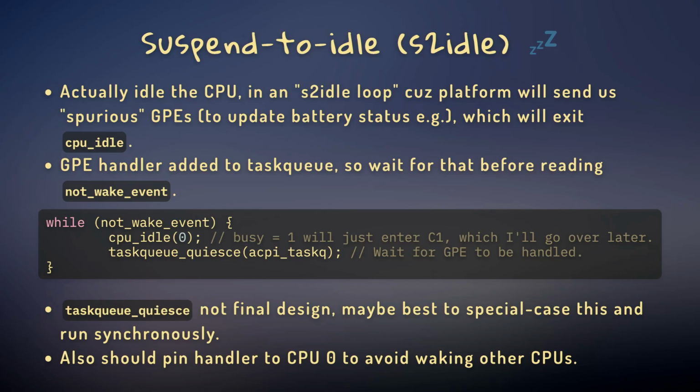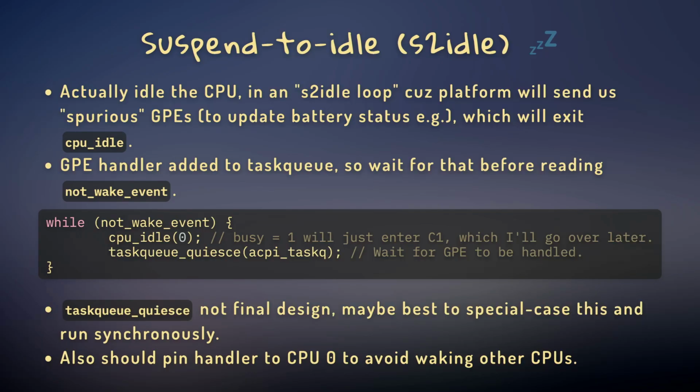Now, the one issue is that when we receive this interrupt, currently in FreeBSD, we don't handle this synchronously. We add this to a task queue, and then at some point it will be handled. So we need to drain this task queue, and I'm not really sure what the best way of doing this is.